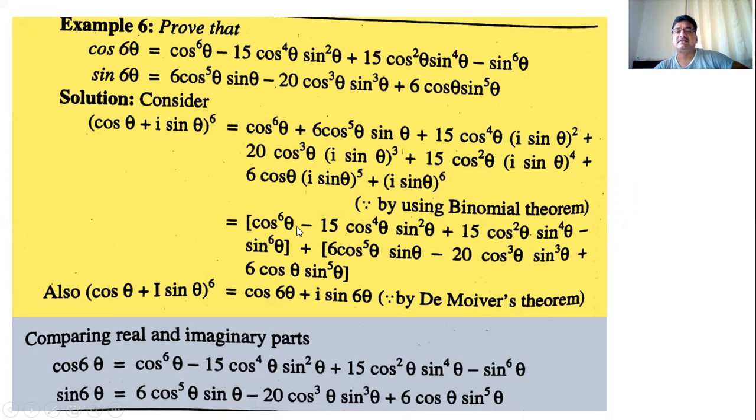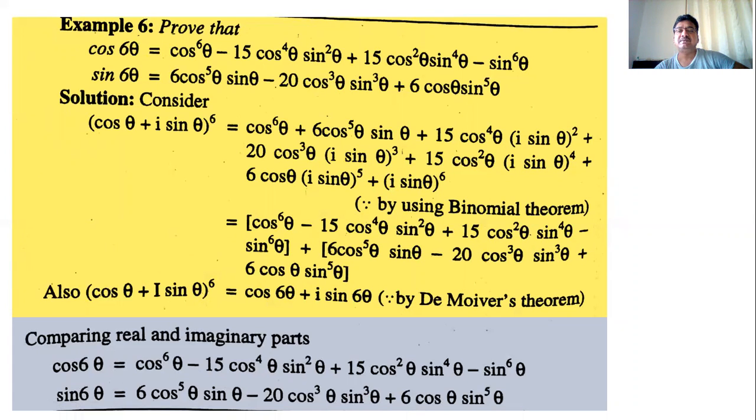And then plus 15 cos square theta sine raised to 4 theta, because I raised to 4 means I square into I square, that is plus 1. And the term with I raised to 6 is minus 1, because I raised to 6 means I square into I square into I square.